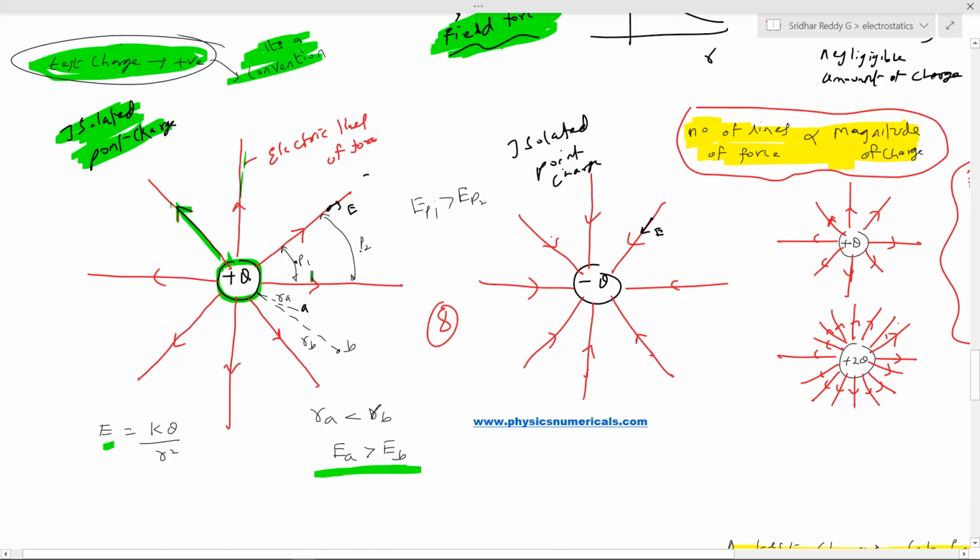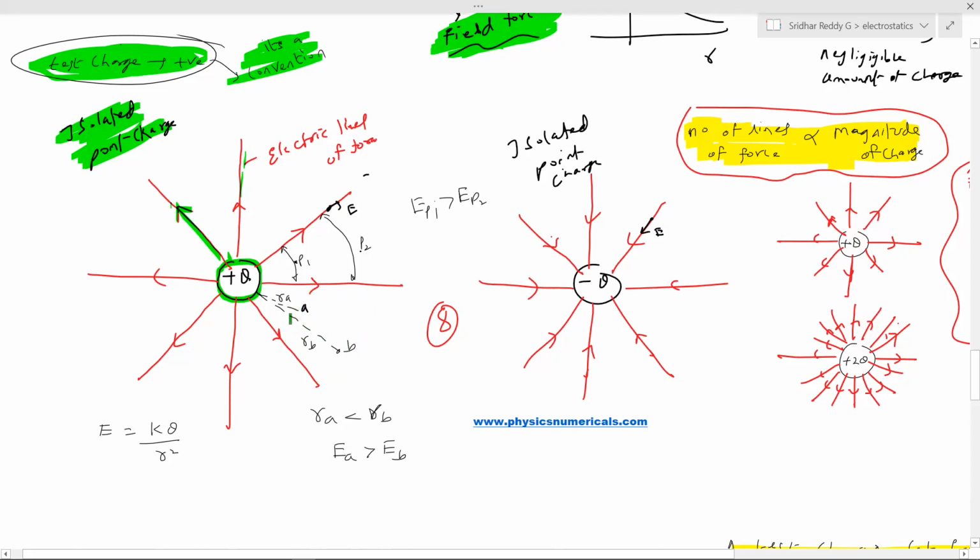Now after this, look at the spacing between the lines at A and look at B. The spacing between the lines is more at B than at A. I'm asking you to look at the spacing. So where the spacing between the lines of force is more, it is at B. So what is the conclusion now?